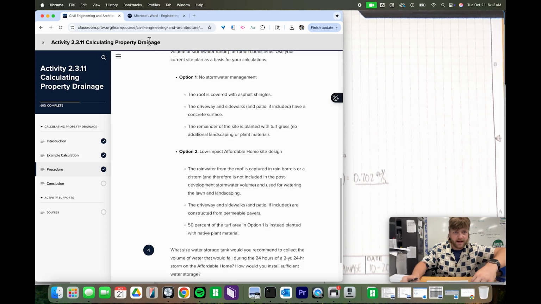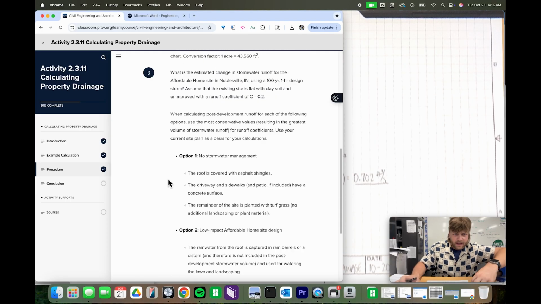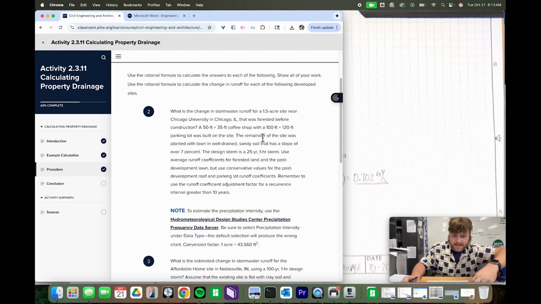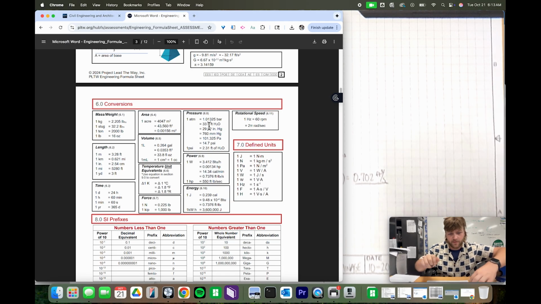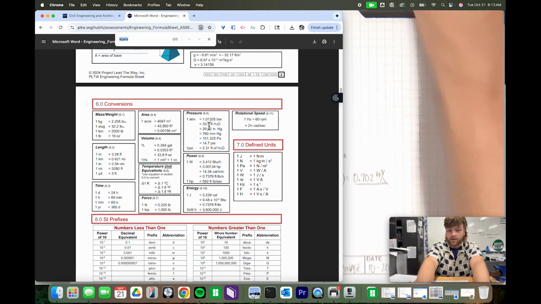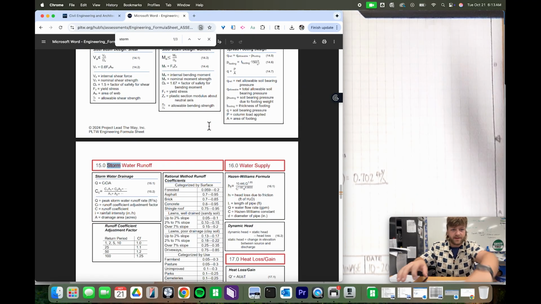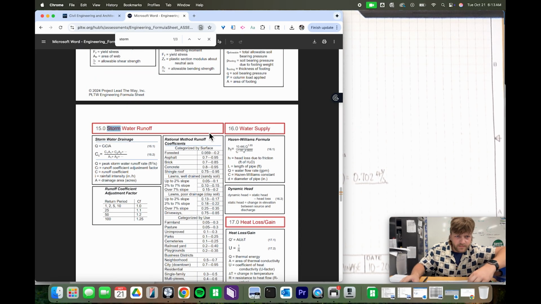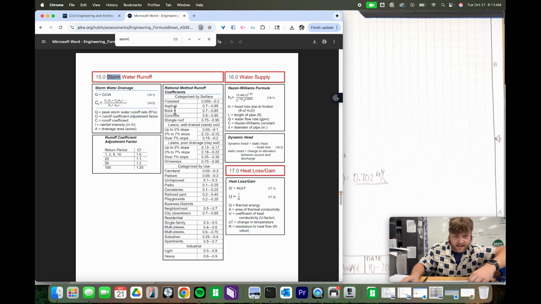So let's pop back onto this. And so here they say use average runoff coefficients for the forested land and the post-development lawn, but use conservative values for the post-development roof. So a conservative value for the post-development roof means we're going to have to use that upper range value. And so let's look, we've got a shingle roof there.